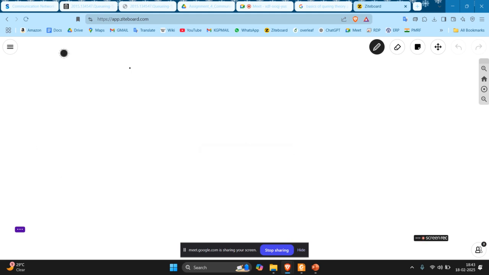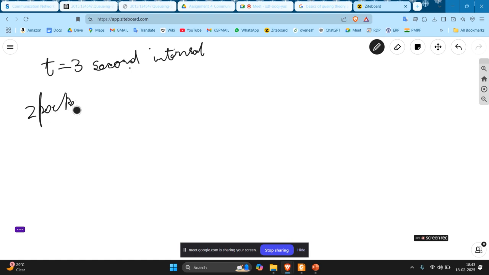In a 3-second interval, t equal to 3, 2 packets have waited completely.